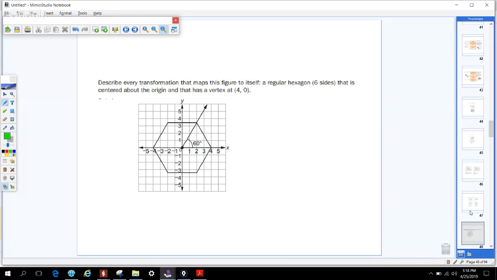All right. Who remembers from Transformation One, how do we find rotational symmetry? Amari. Yes! Round of applause for Amari. What do we do? 360 divided by the number of sides.